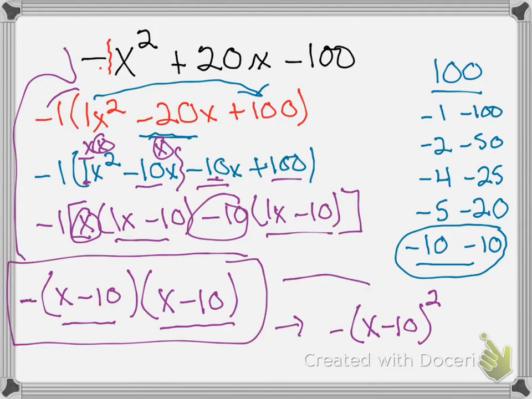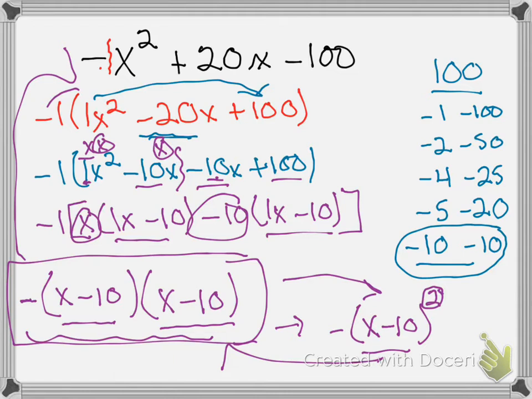This is basically a shorthand way of writing out the factors that we just found. Either one of them is acceptable, but some of the time you'll see it written different ways. All the 2 means is to write the x minus 10 twice, which is what we actually have over there, okay? So guys, that's it.